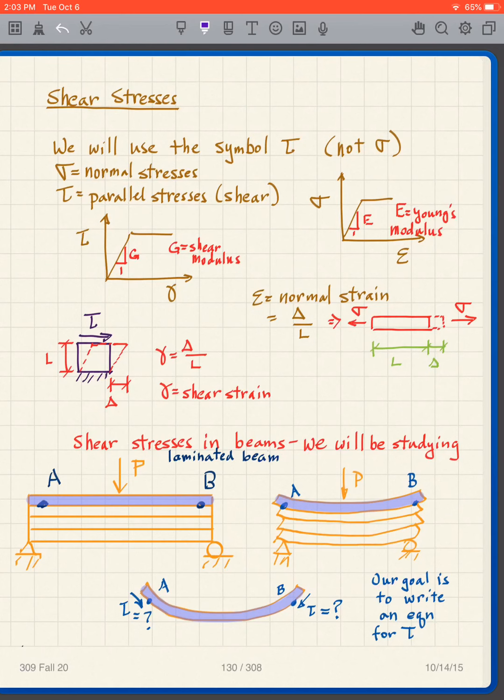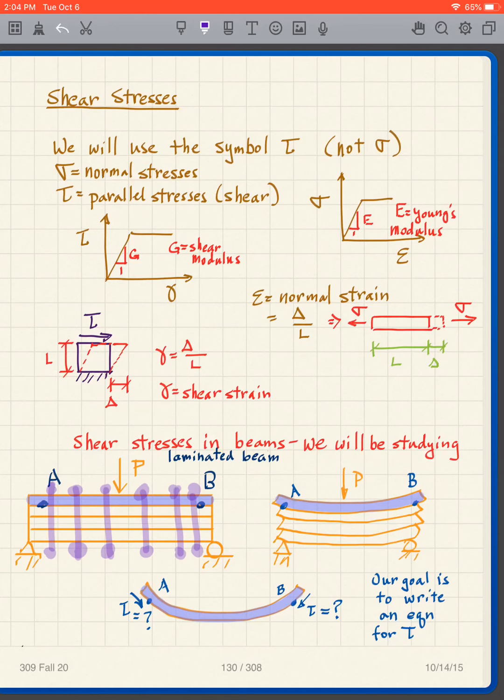Well, that's when the laminations, of course, are not held together. But one way to hold the laminations together, I sort of like this image, is to put bolts through here and hold this thing so that the laminations don't slide.